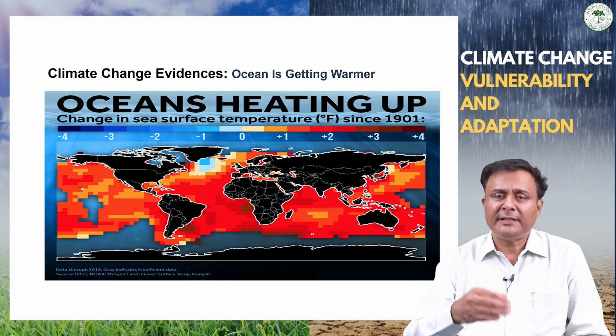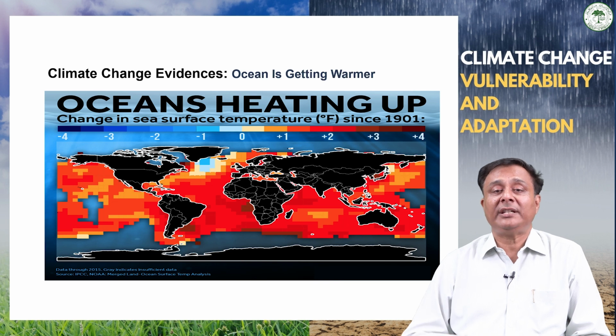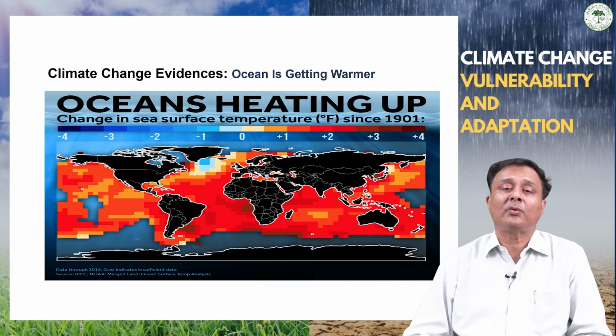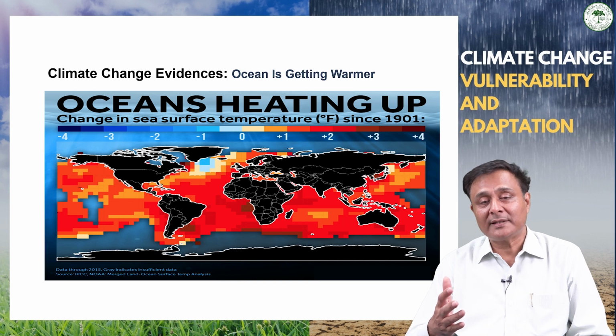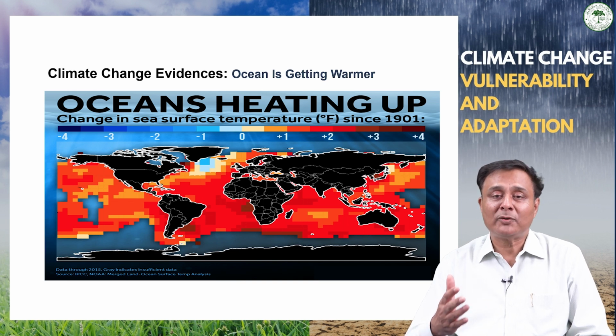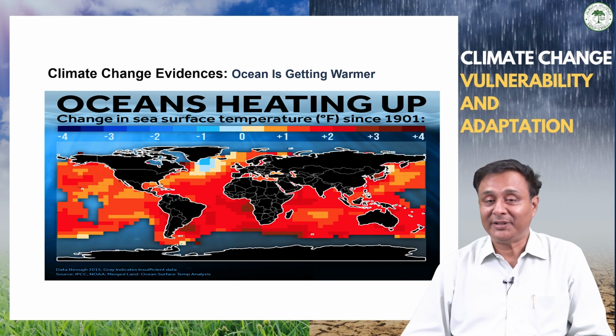In the last 40, 45 years, the Earth stores 90% of the extra energy in these oceans. Now you all know that these oceans occupy about 70% of the Earth's surface. So it's substantial. It's very important and critical also.